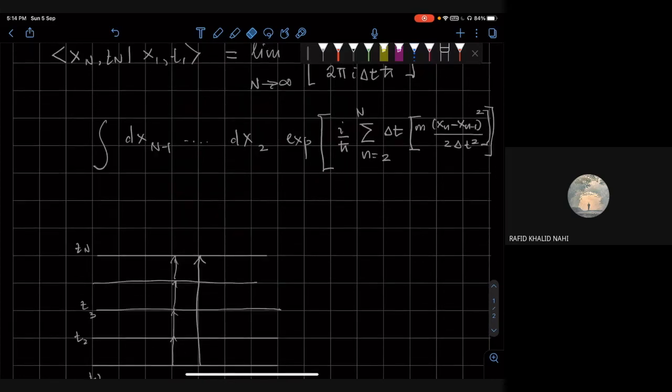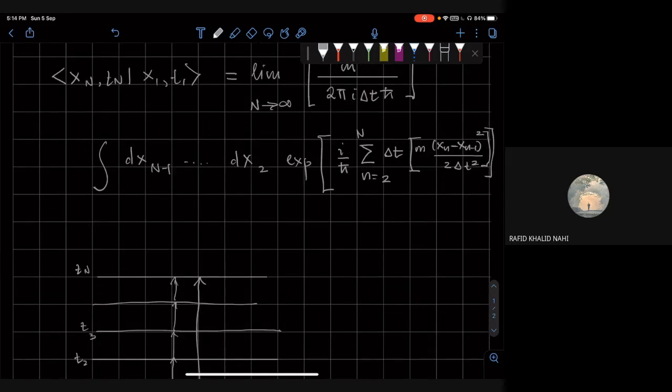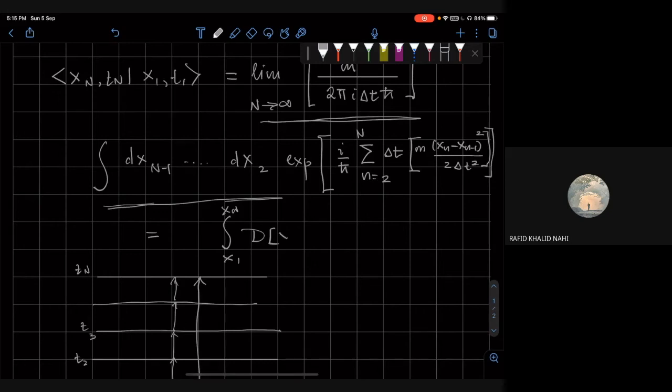Because each of these comes from the contribution of a propagator. So this measure, which involves this thing in the limit where n goes to infinity, is what we call the integral from x1 to xn of big D x of t. This is the definition of this measure, this infinite dimensional integral.